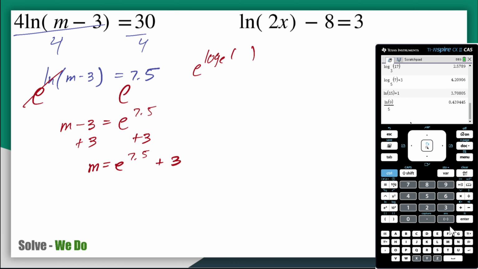You're just using e. So I just use e to the power of 7.5. And there we go. And then I just add 3. And my answer is m is equal to 1,811.04. And that's it. Okay.